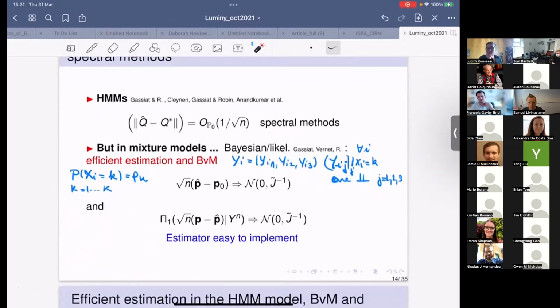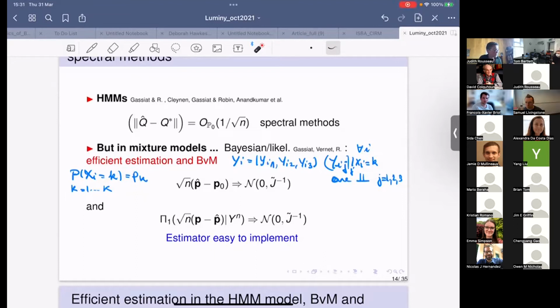In parallel, related to this sort of identifiability result, there is also an identifiability result for the case of mixture models, but when the observations are at least of dimension 3 and the distribution of Y given X is made of 3 independent distributions.